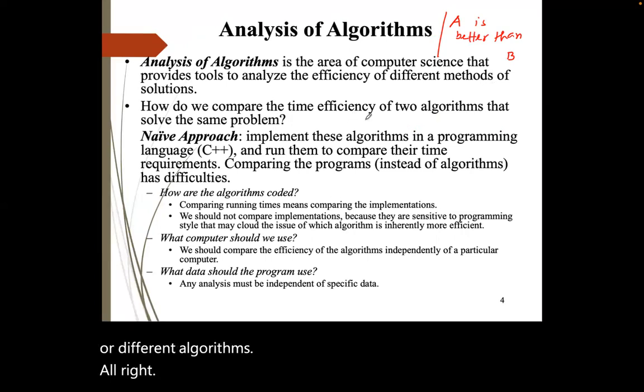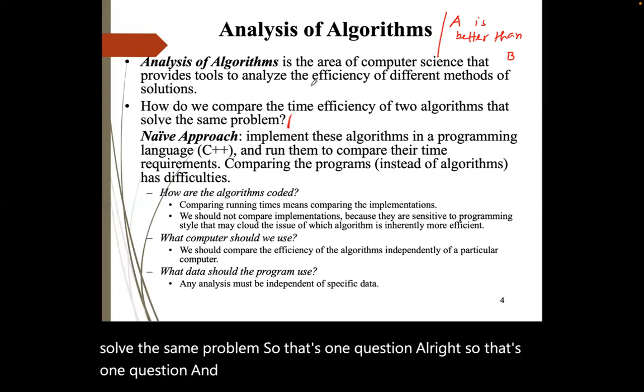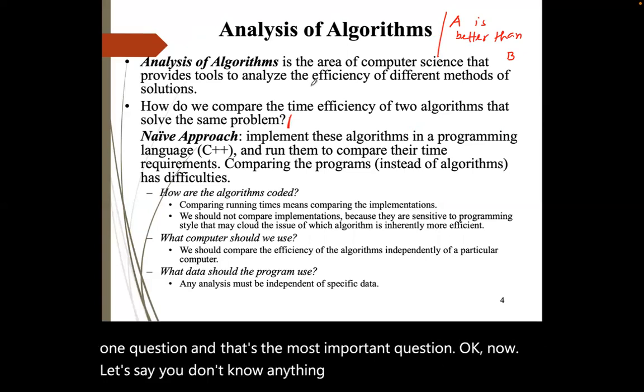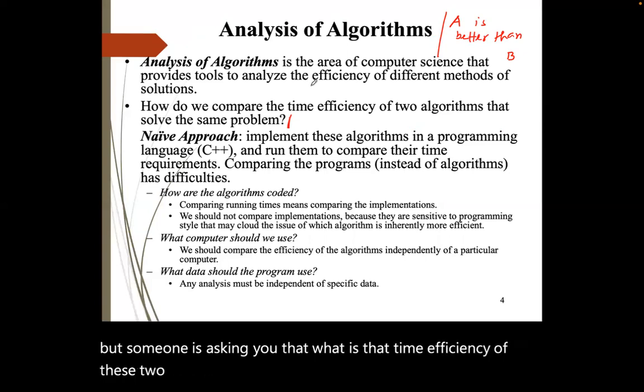So how do we compare the time efficiency of two algorithms that solve the same problem? That's one question, and that's the most important question. Now, let's say you don't know anything about analysis of algorithms, but someone asks you what the time efficiency of these two algorithms is.